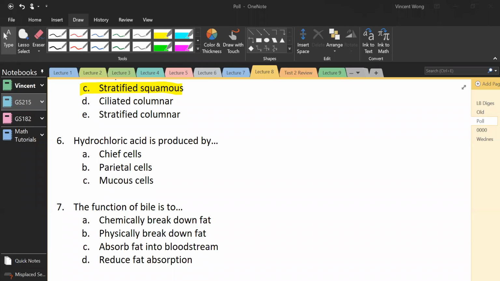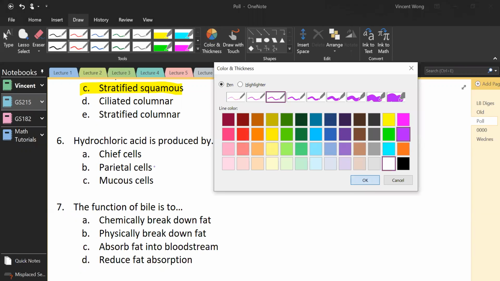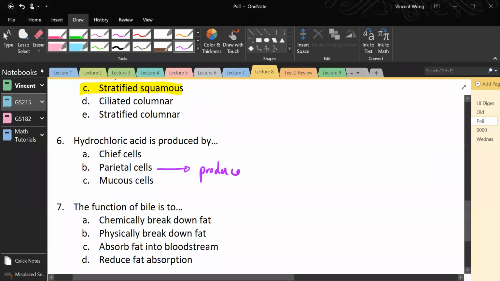The correct answer here is the parietal cells. So for those of you who need a refresher, parietal cells produce hydrochloric acid, as well as something called intrinsic factor. The intrinsic factor is a glycoprotein, a sugary protein, which is going to bind to the vitamin B12, because the B12 is going to be broken down when exposed to the hydrochloric acid.